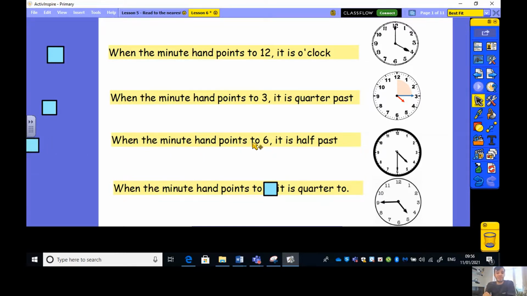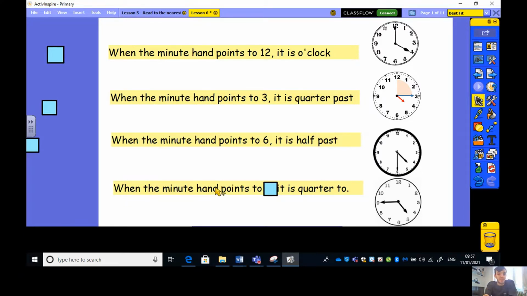When the minute hand points to the 6, it is half past the hour. You can see here the long minute hand pointing directly at the 6, so I know it's half past. But half past what hour? Well, the hour hand is between the 4 and the 5, and when we talk about past the hour, we choose the smaller hour number. The smaller hour number here is 4. Half past 4.